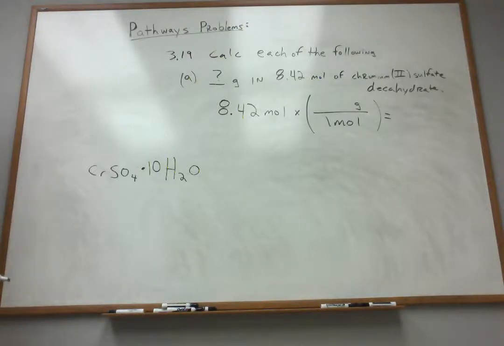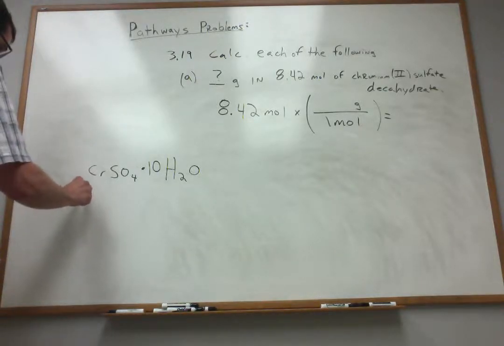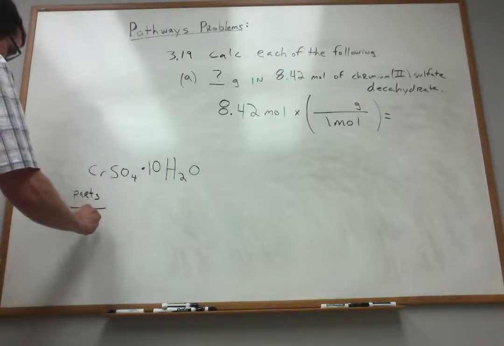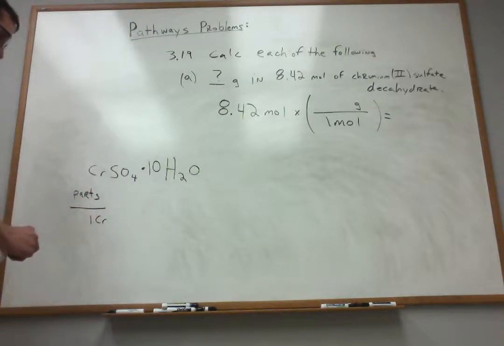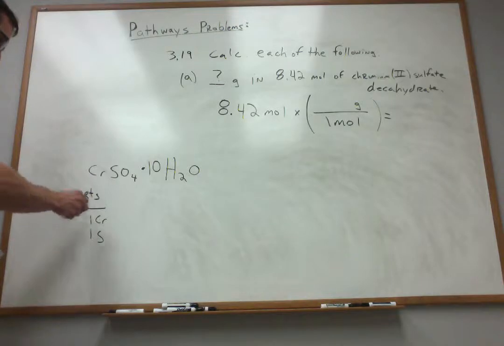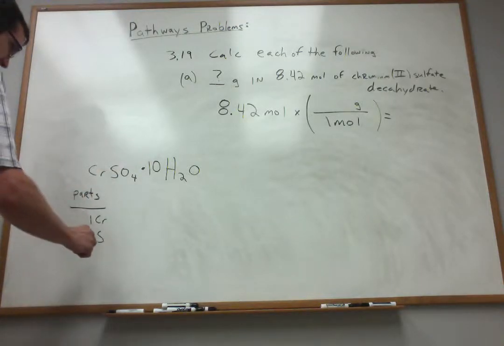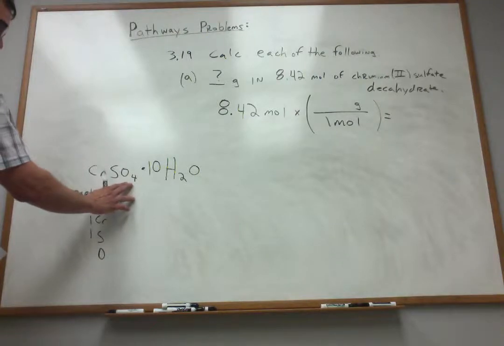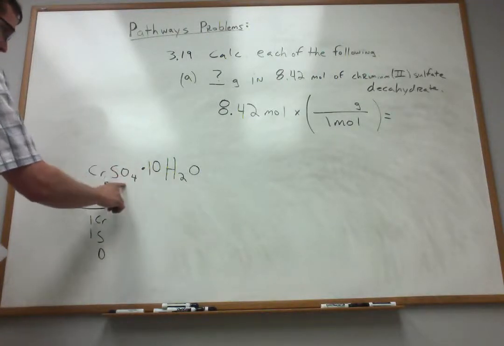So you've got to add up the parts. Now we can start listing the parts that we need to add. We've got 1 mole of chromium in a mole of this stuff. And it looks like we've got 1 mole of sulfur in a mole of this stuff. I'm going to do the oxygen contribution from here first, and we'll add some more in later, okay?